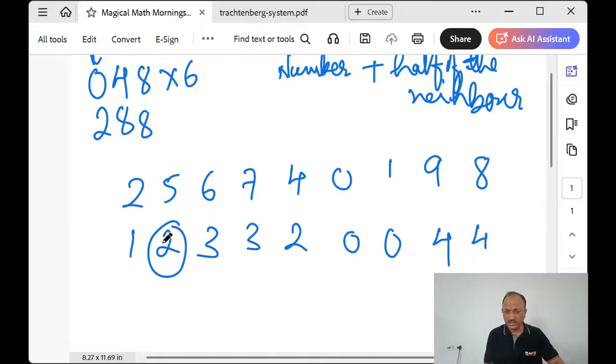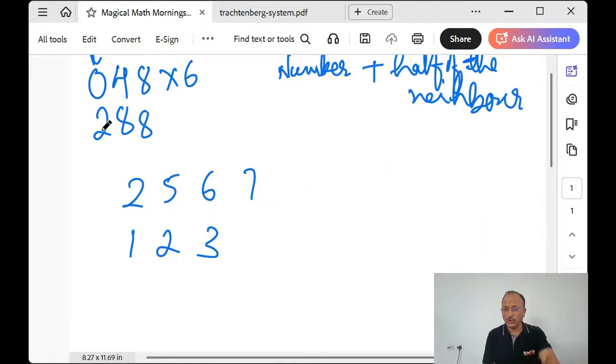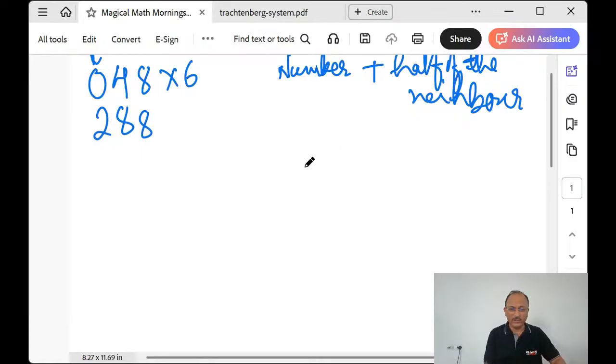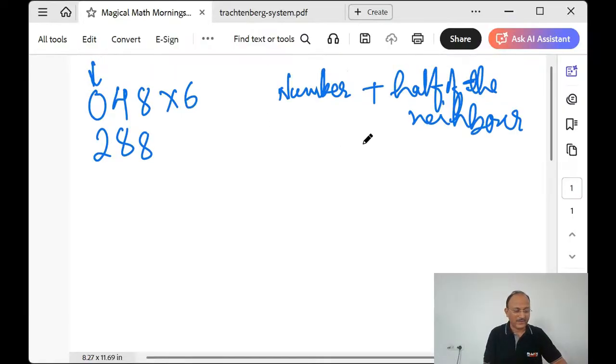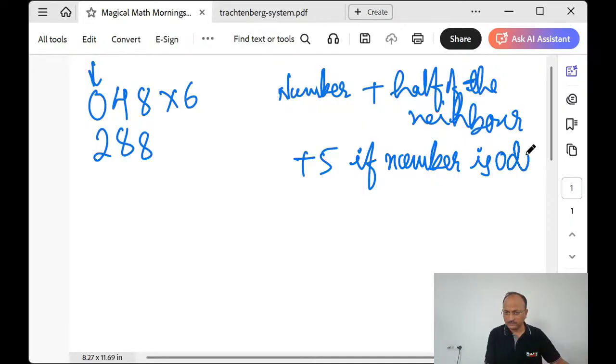We'll be considering only the whole number part as the half. But while adding the number with half of the neighbor, we'll add 5. That will make the rule very clear. So what we'll do: add number plus half of the neighbor plus 5 if number is odd. Maybe like one of the students said, it may be a little confusing, but it's just practice of 2 or 3 examples. If you just practice 2 or 3 examples, this will become perfect.